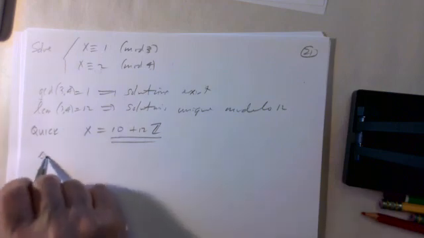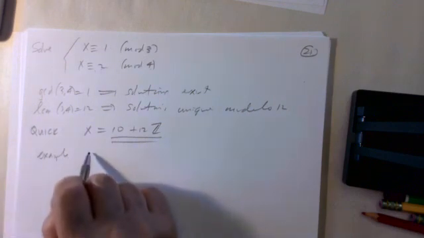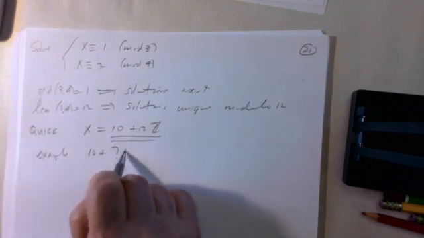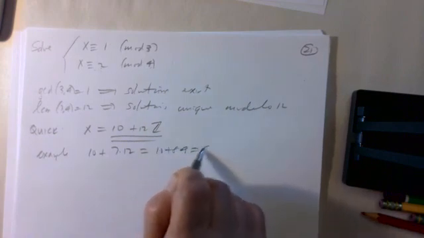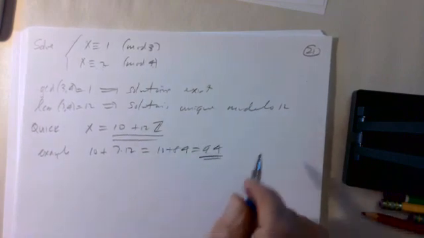For example, 10 plus 7 times 12. What's 7 times 12? 10 plus 84 is 94. 94 has to work.